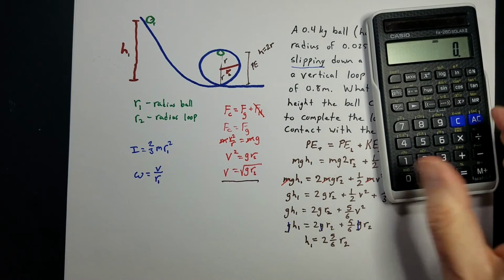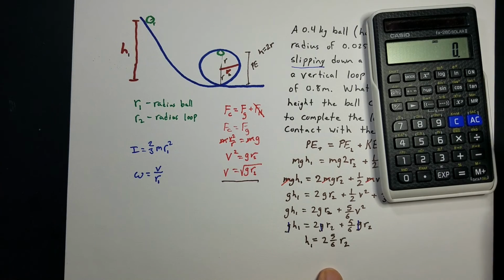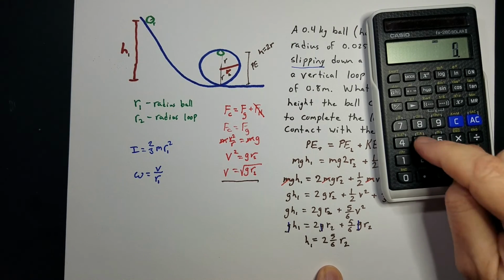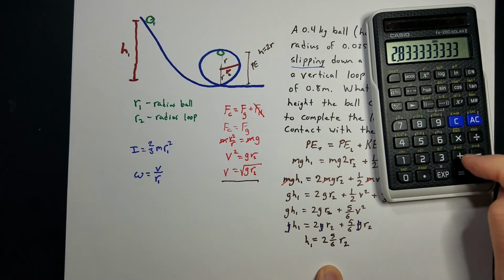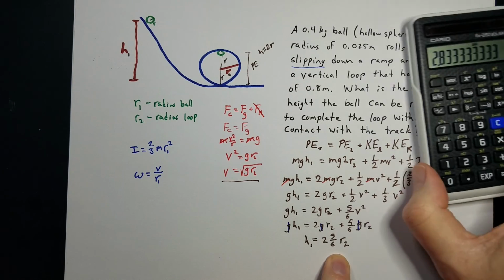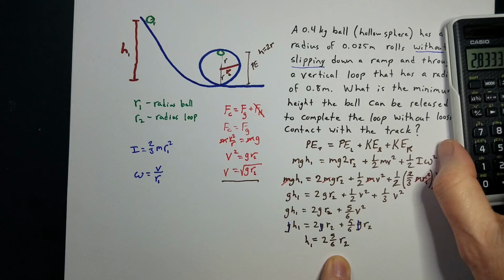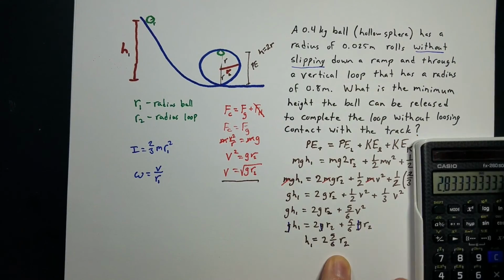Now we can plug in our number. We've got 5/6 plus 2 times R2, the radius of the loop, which was 0.8 meters.